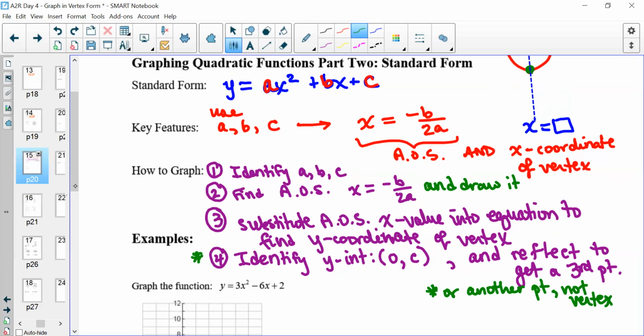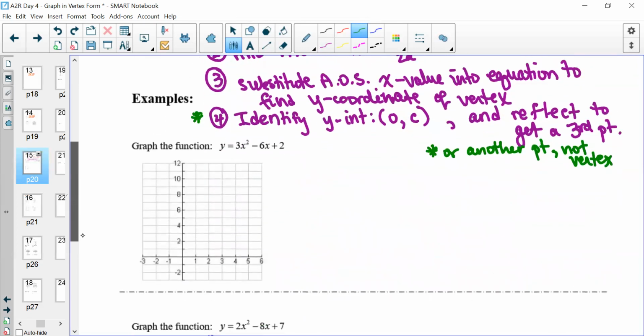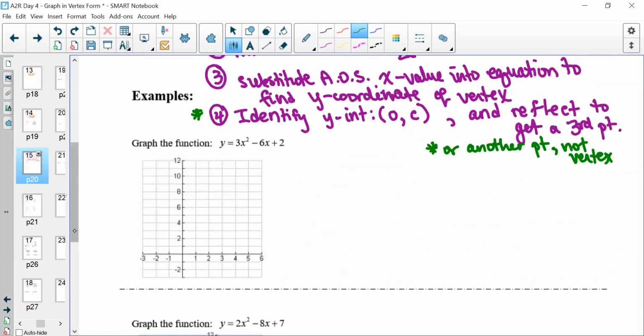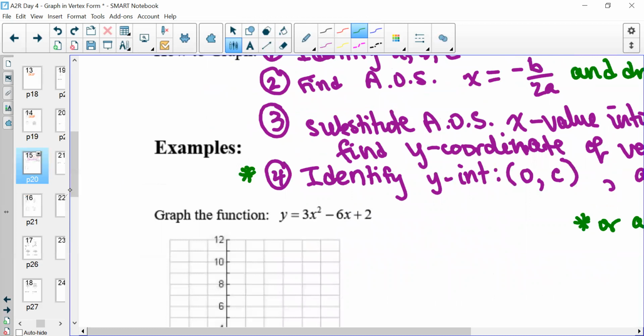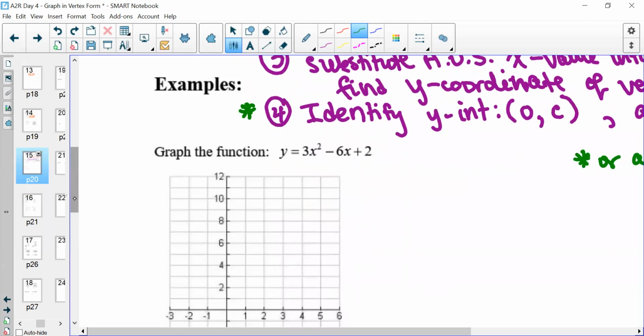Okay, so let's try one. So I have 3x squared minus 6x plus 2. I'm just going to zoom in on this a little bit. So first of all, my a, my b, and my c, I'm going to identify. a is 3, b is -6, and c is 2.